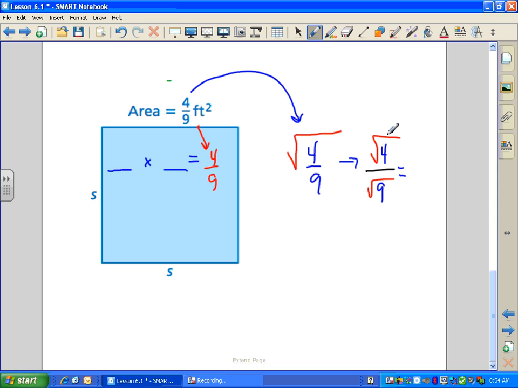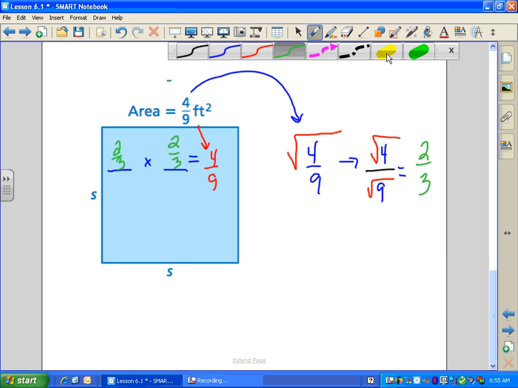If you take a calculator, type 4 square root, that gives you an answer of 2. Take your calculator, type 9 square root, that gives you an answer of 3. So I think that 2/3 times 2/3 gives me 4/9, but I remember top times top, bottom times bottom.